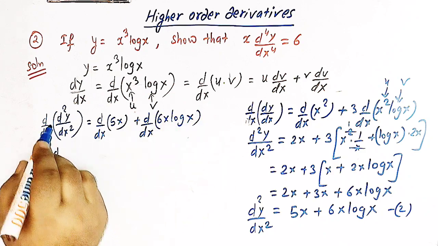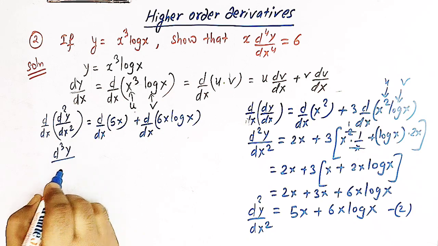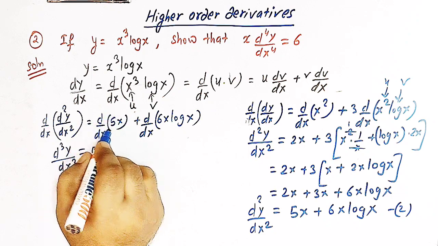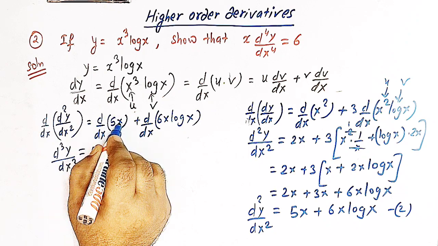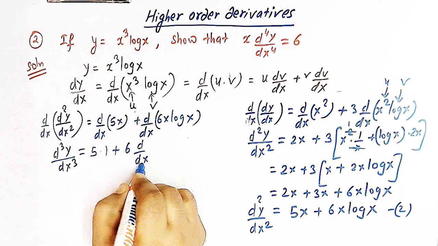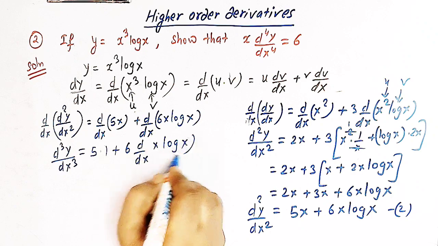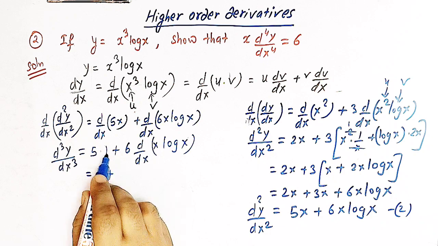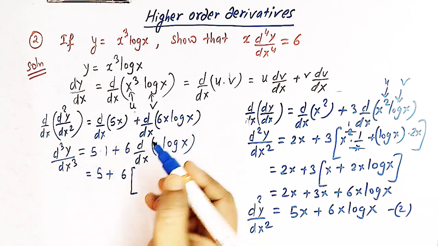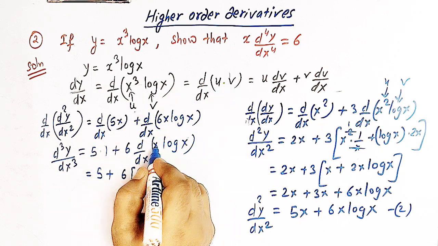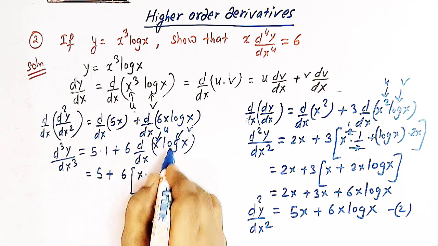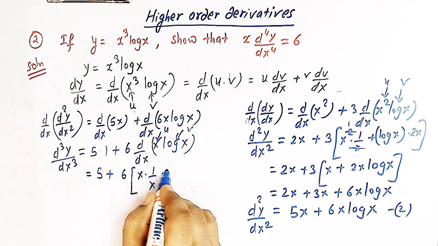So here we can now write the third derivative d3y over dx3, and here we have 5 being a constant. We have the derivative of x with respect to x is 1. Here we can take 6 outside, the derivative of x log x. So now we have 5 plus 6 times the derivative of x log x. So using the product rule again, taking x as u and log x as v, we have x, the derivative of log x is 1 over x, then log x, and the derivative of x is 1.